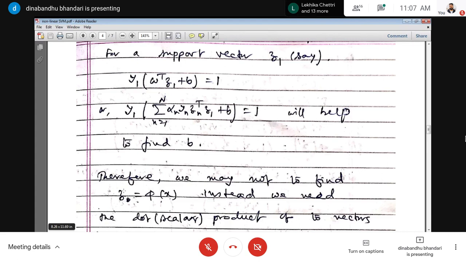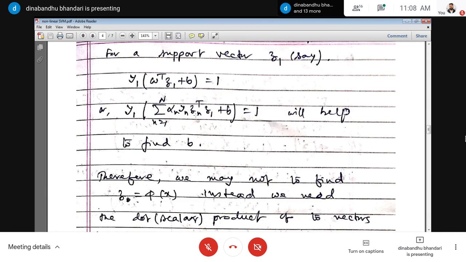Can we avoid finding explicitly the point Z? If we can avoid that, it would be easy for us to simplify this particular method. We do not need to know what Z is; what we need is the dot product of two Z's in the transformed space.